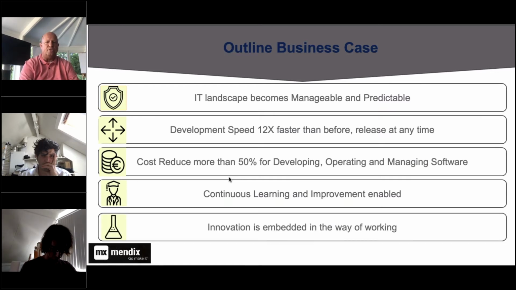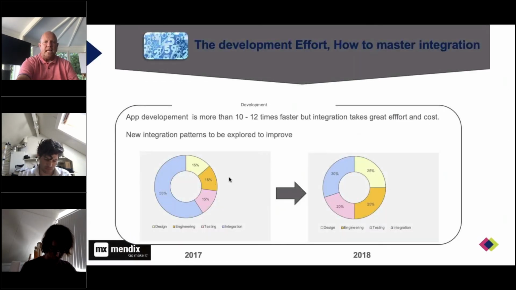Innovation, very important. So we reversed the innovation budget as well to make sure that we could do that. One of the most important issues that we had, to become very fast, was that integration is very difficult at this moment.